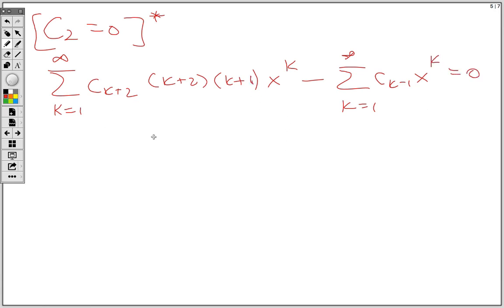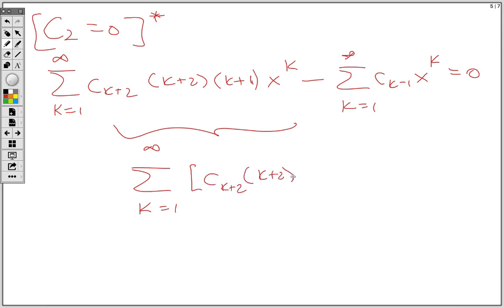And what I can do now is combine these into one ginormous summation, sum k equal 1 to infinity, bracket c sub k plus 2, k plus 2, k plus 1, minus c sub k minus 1, x to the k equals 0.